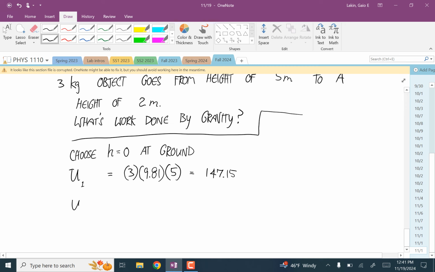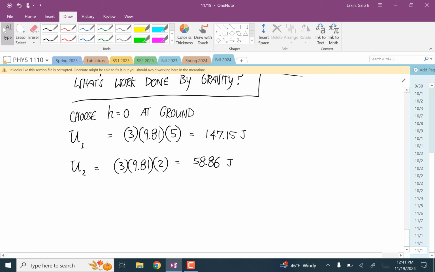And then the later potential energy is the mass times 9.81 times a height of 2. And this is 58.86. These are both joules. And so now the work done by gravity is the negative change.